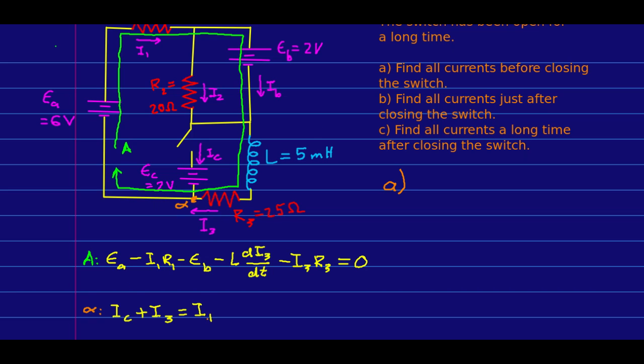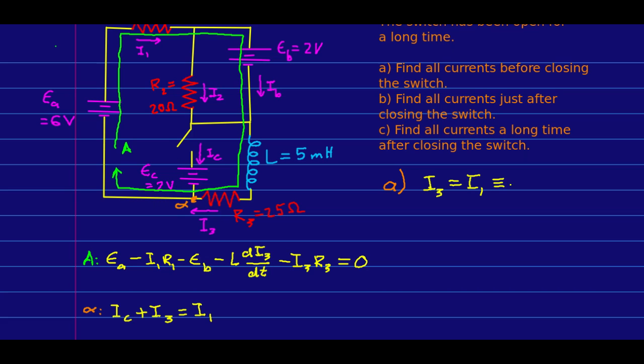So this loop law and this junction law will always be true, but now let's think of this specific case before we close the switch. So first of all, IC is certainly 0 when that switch is open, and so our junction law for junction alpha reduces to just that I3 is equal to I1.